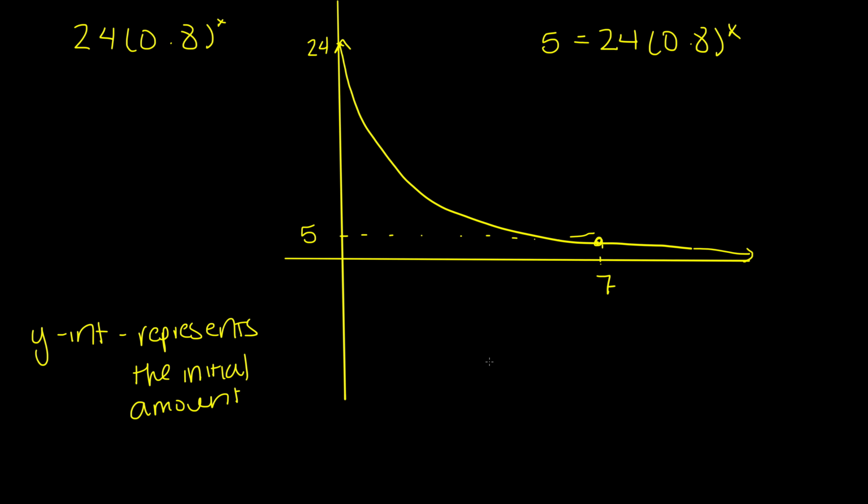So at year 7, approximately, the car would be worth $5,000. So 7 years after the person owning the car, at year 7, the car will be worth $5,000.